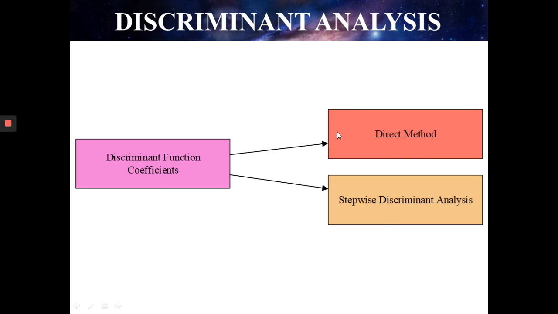The direct method involves estimating the discriminant function so that all the predictors are included simultaneously. In stepwise discriminant analysis, the predictor variables are entered sequentially based on their ability to discriminate among the groups.